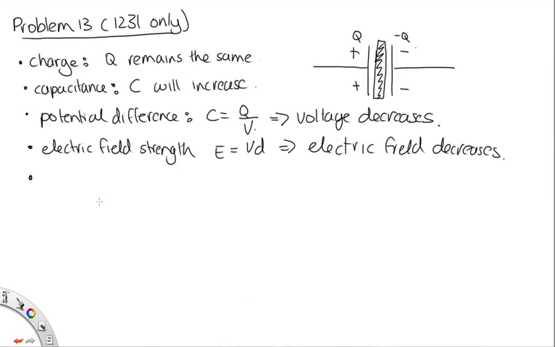And finally, to the stored energy. U is equal to Q squared over 2C. Q squared and 2 will remain constant. C is increasing, so U will decrease.